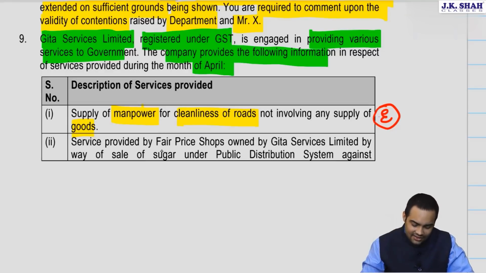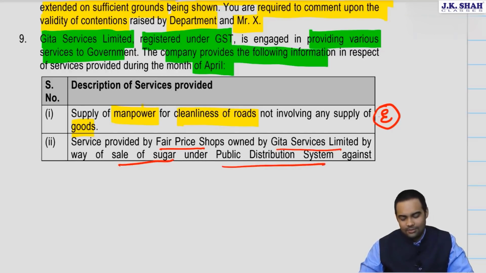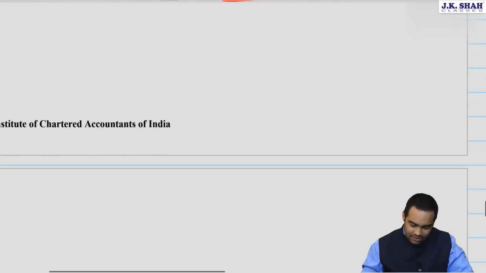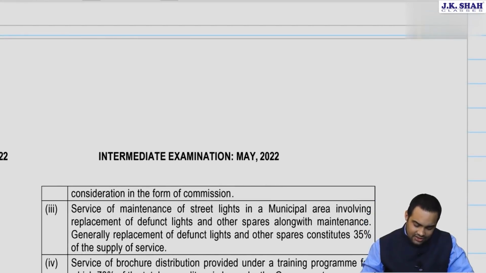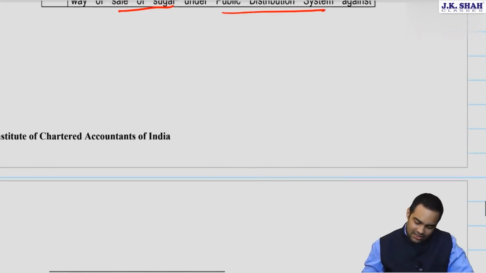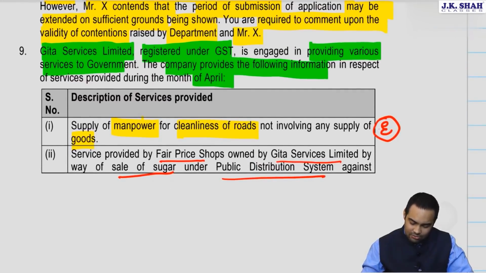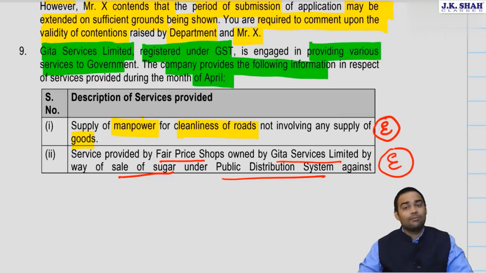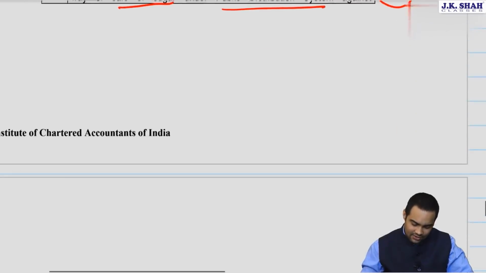Second one, service provided by fair price shops owned by Geeta Services Limited by way of sale of sugar under public distribution system against consideration in the form of commission. This will also enjoy an exemption because this is again an exempt service.